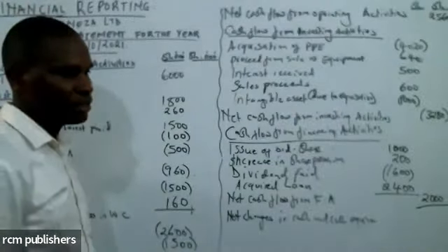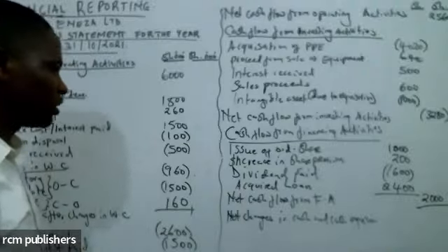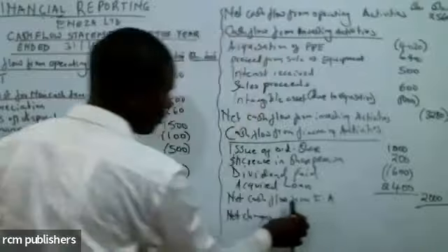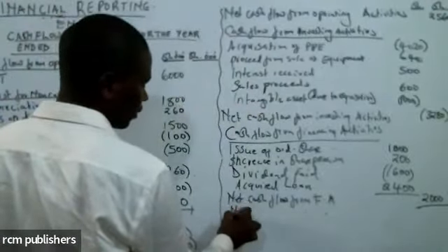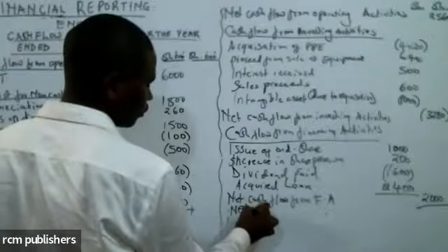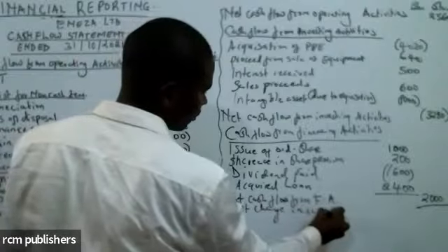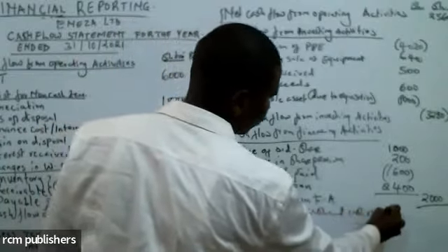Net changes in cash and cash equivalent class ni ngapi? Acha niweke hapo juu kidogo. Net changes kwa Excel ungefanya nini? Ungecut net changes in cash and cash equivalent. How much are you getting?